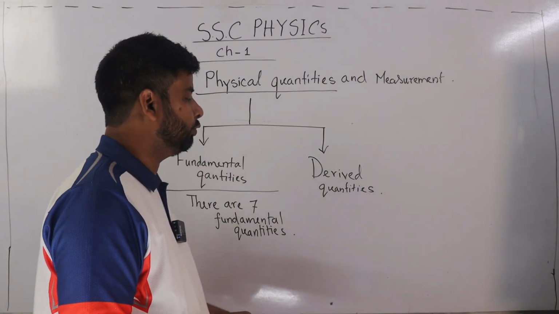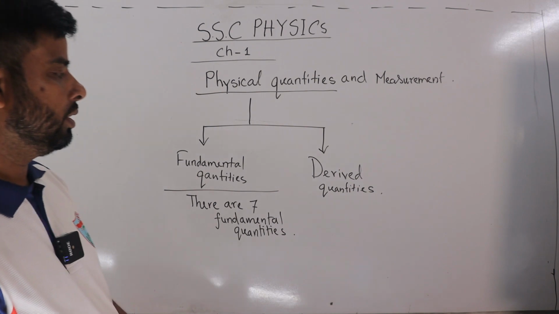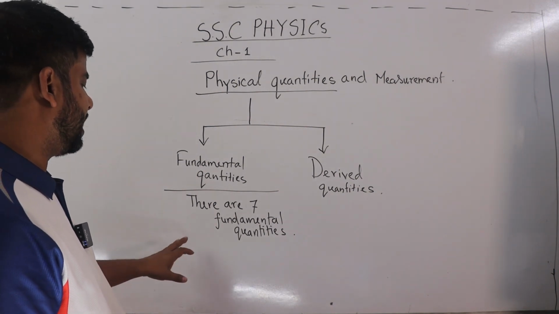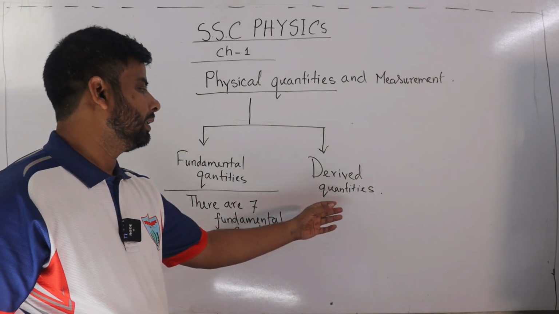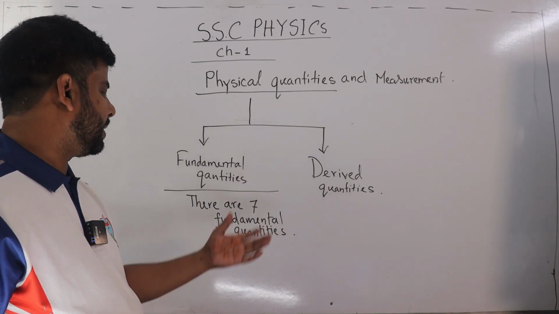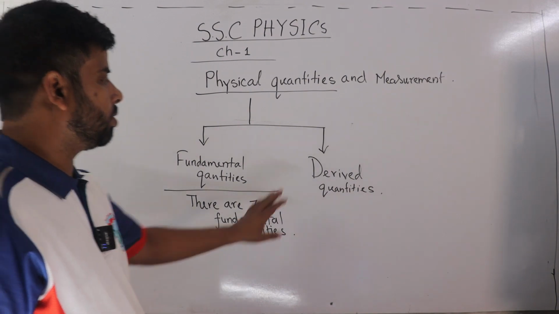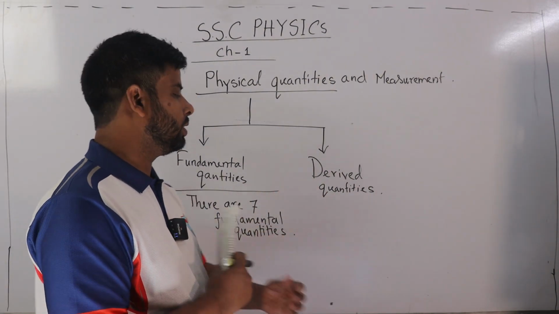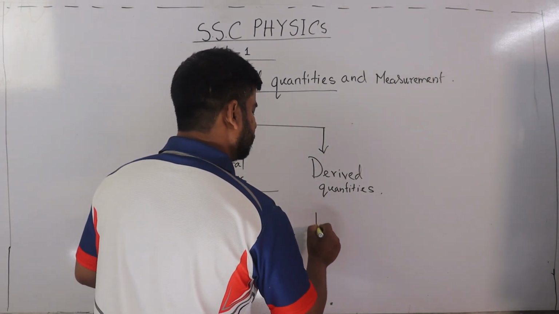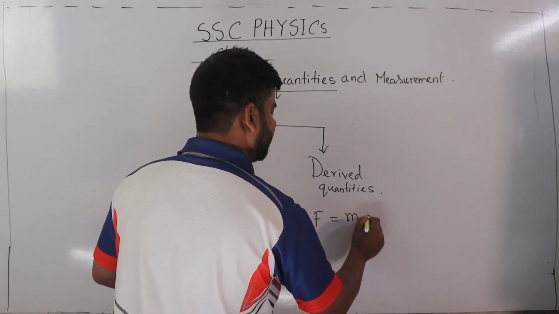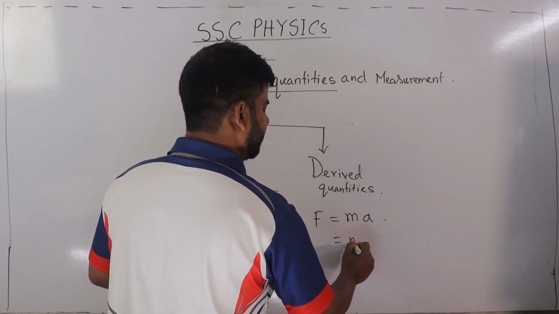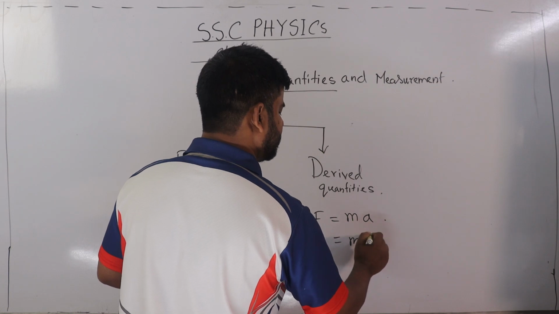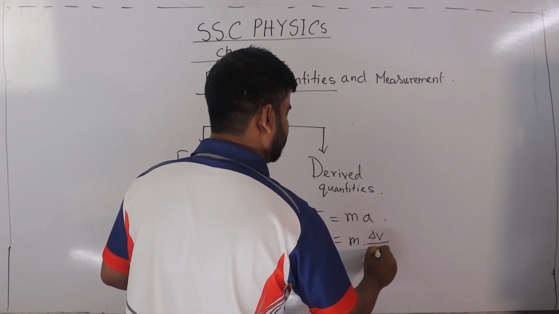On the other hand, a derived quantity is a physical quantity which depends on other quantities, like the fundamental quantities. Force is a derived quantity because we know F equals ma. Again, a equals change in velocity divided by time.